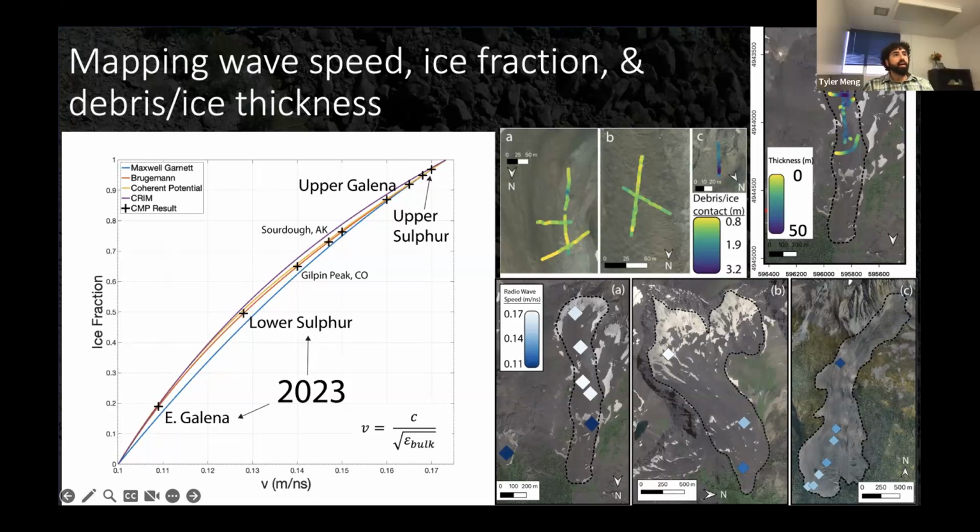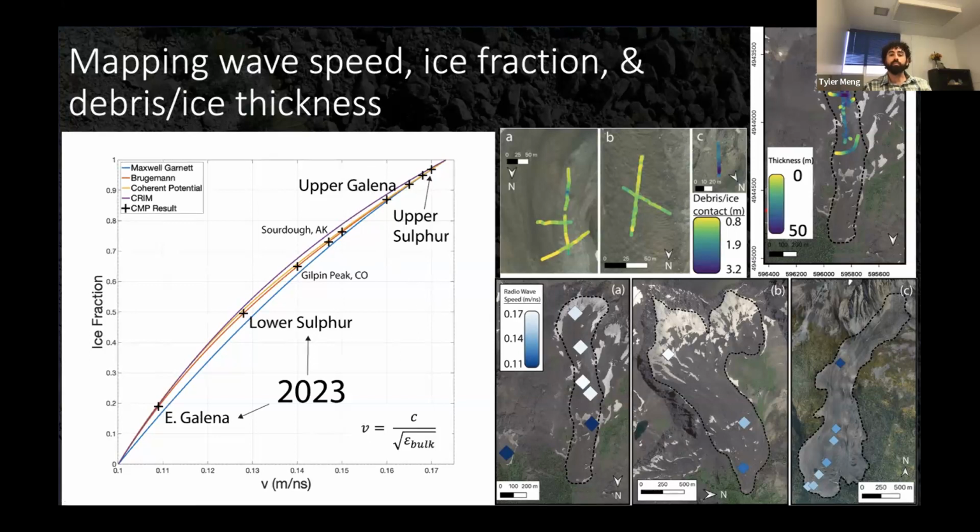I do have a personal opinion on where I draw the lines. This is a good plot to show it. Personally, I consider everything that's not Upper Galena and Upper Sulphur to be rock glaciers.